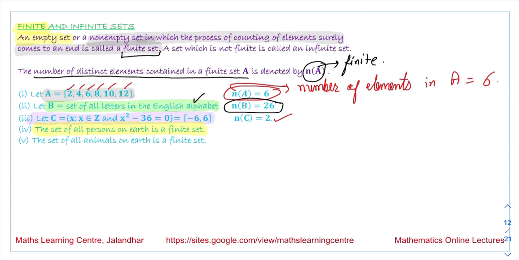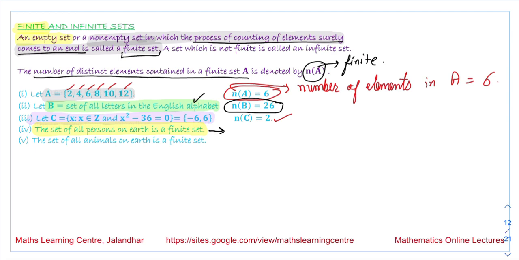It is important to see this example from the perspective that if we start counting the number of persons, it seems that we will get a very large number, but we will obtain a number. So this example explains that the process of counting of elements surely comes to an end.